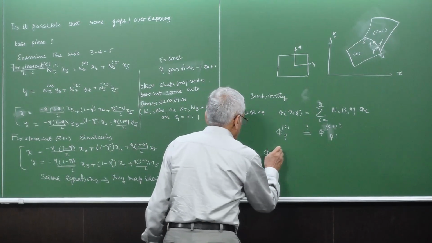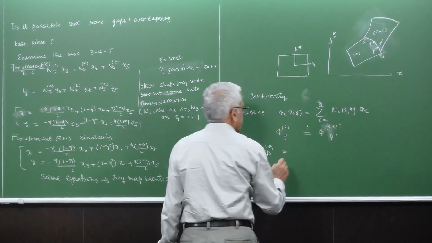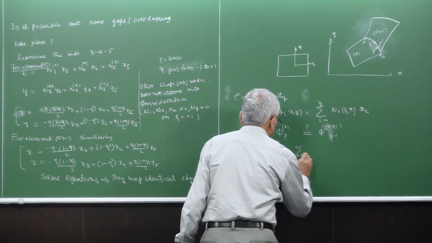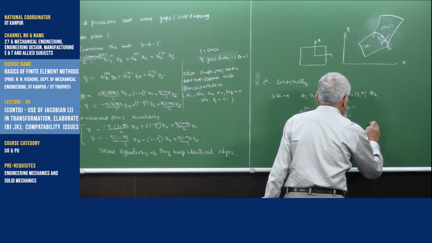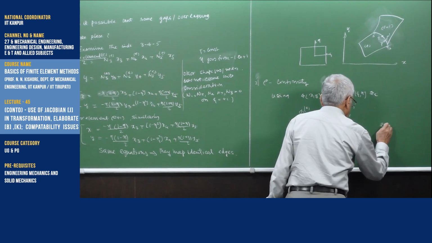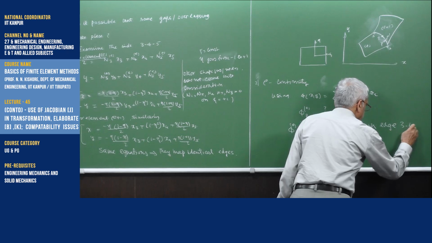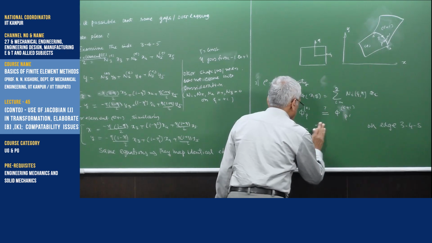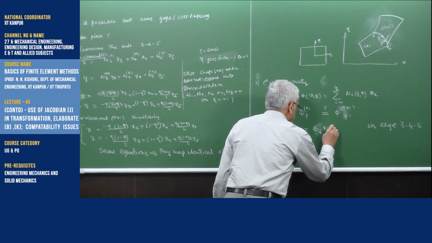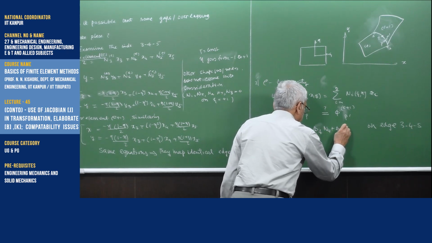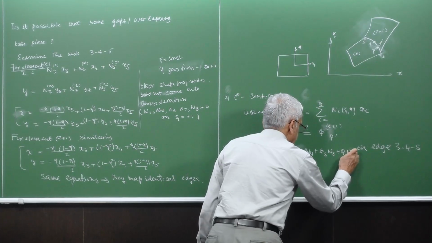So is it so? We can see here we have similar expressions. Phi for element E, we can write a similar expression here, and for that matter, almost on the same edge, on edge 3, 4, 5. So we have phi 4 and N4, phi 5 and N5, and phi 6 and N6.